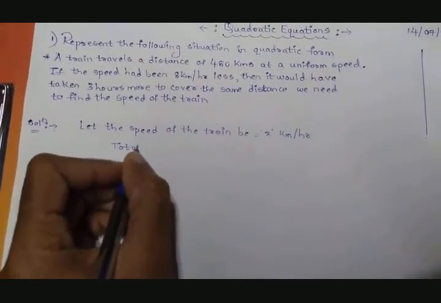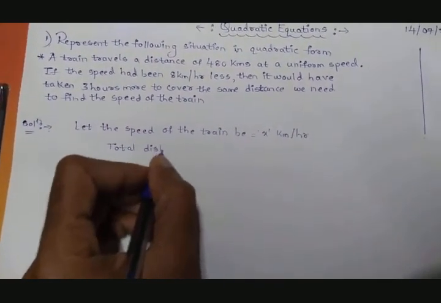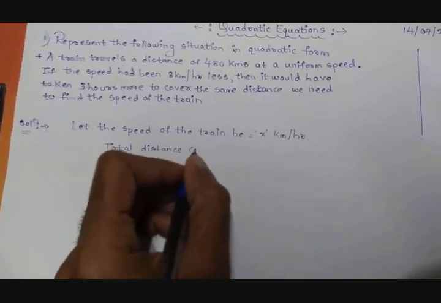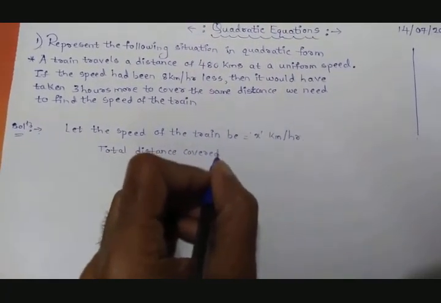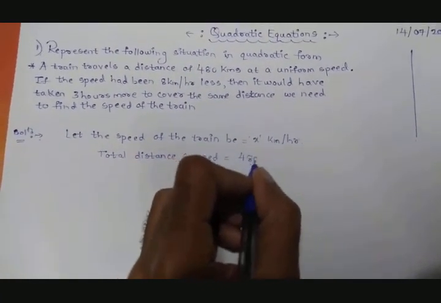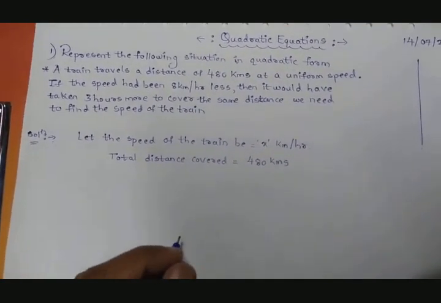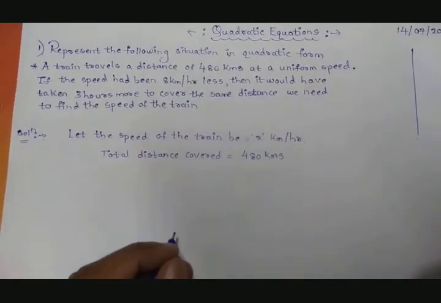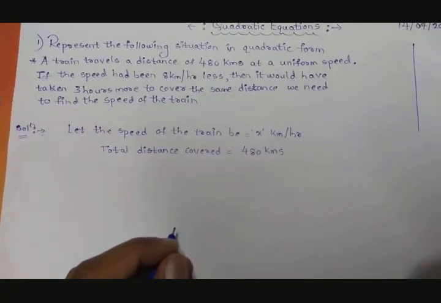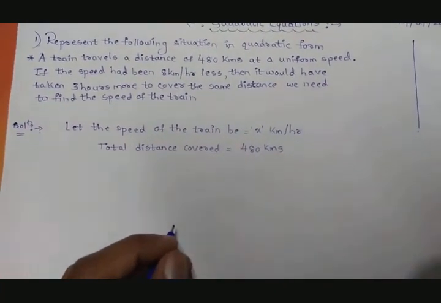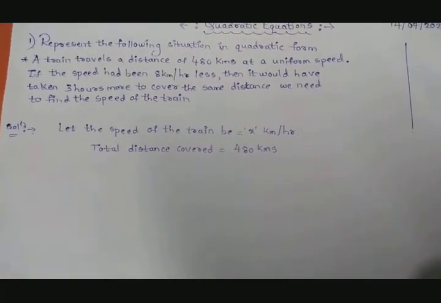So first we shall find what is the time taken by the train to cover a distance of 480 kilometers at x kilometer per hour speed.